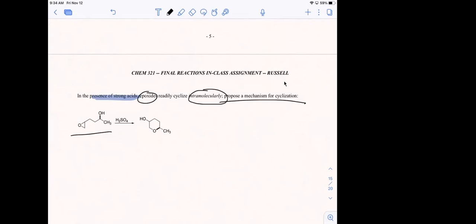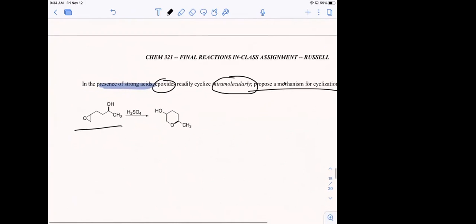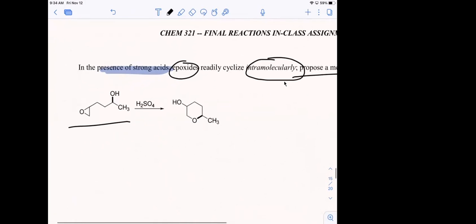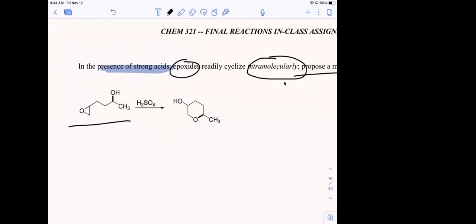So the nucleophile and the other reactant are both in the same molecule. In this case, cyclization means I'm closing this up to be a ring. I can see my epoxide, I've got two carbons here, and the potential nucleophile is going to be that hydroxyl group.